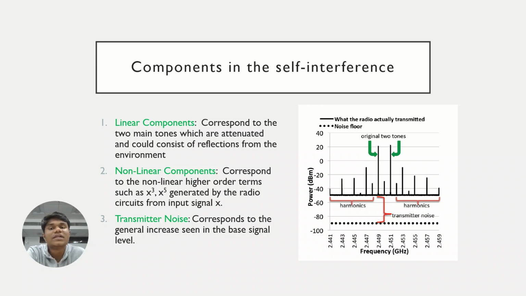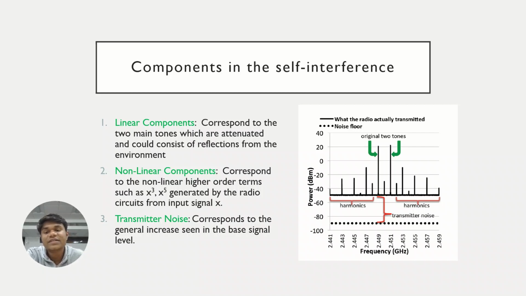The first one is a linear component, which means that these components can be expressed as a linear combination of the signals that we thought we were transmitting. Thereafter, there are non-linear components. These non-linear components consist of higher order terms such as x cube, x to the power 5, generated by the radio circuits from input signal x.